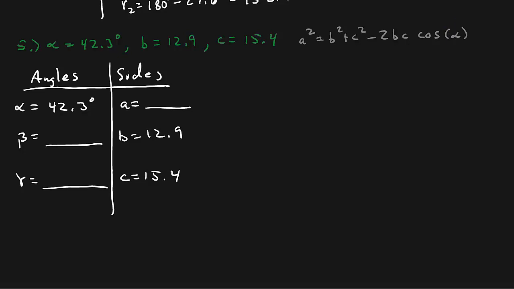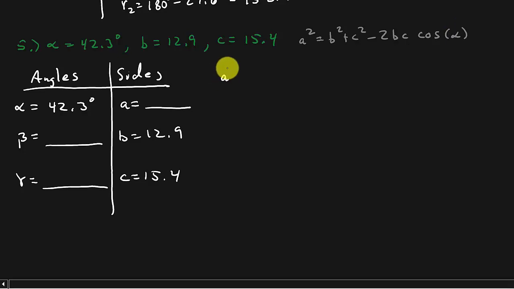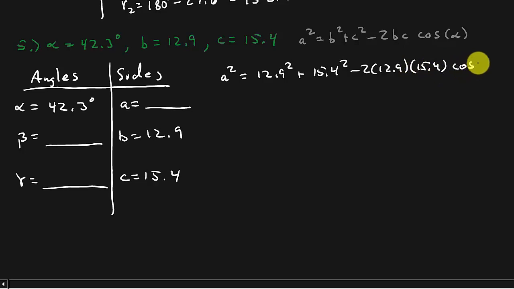So I've got A squared equals 12.9 squared plus 15.4 squared minus 2 times 12.9 times 15.4 times cosine of 42.3 degrees.